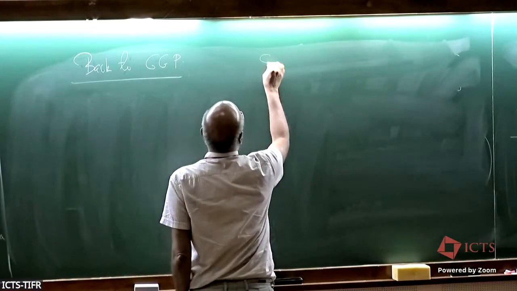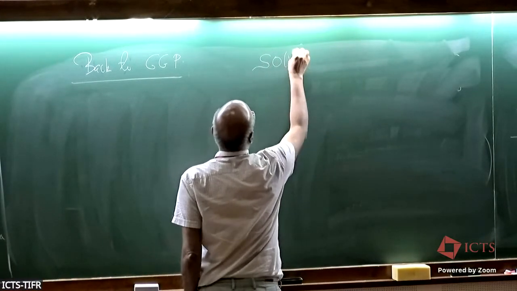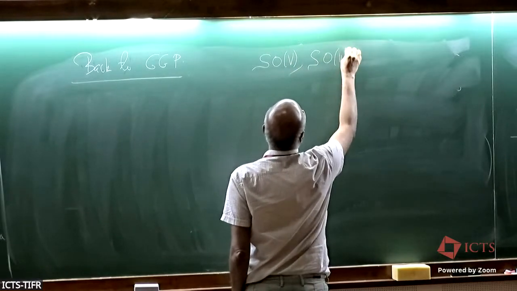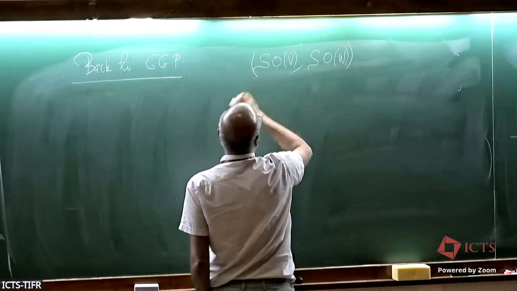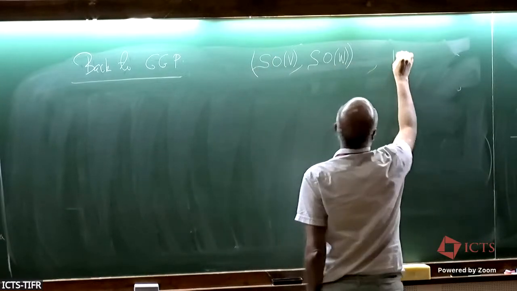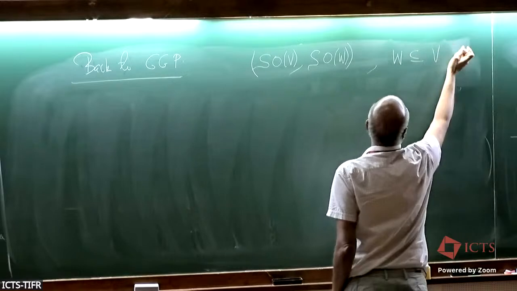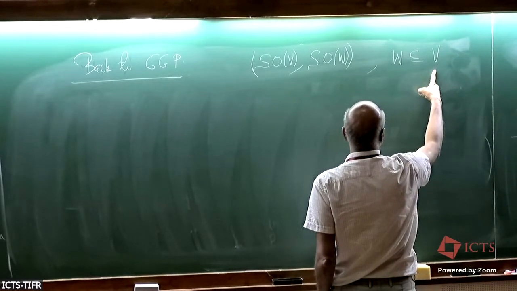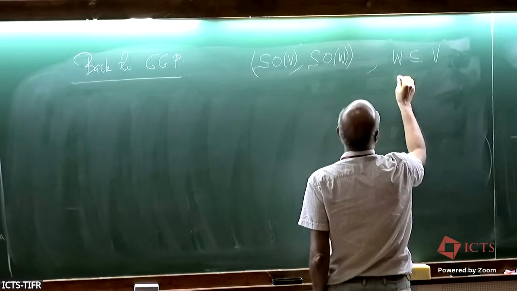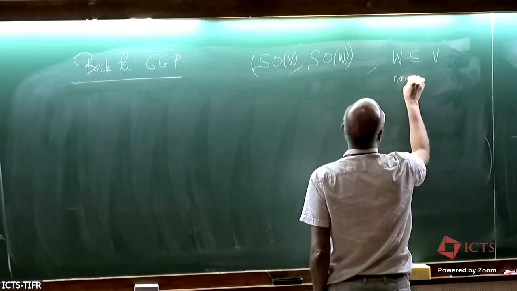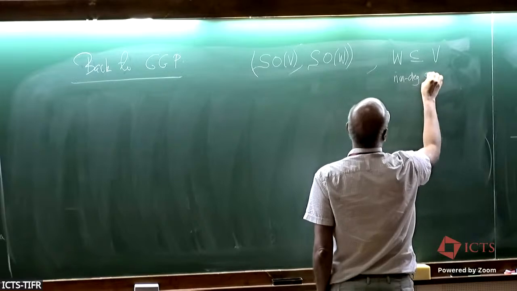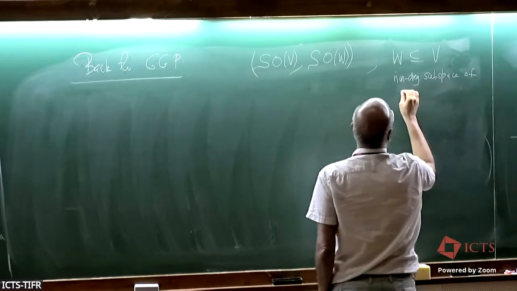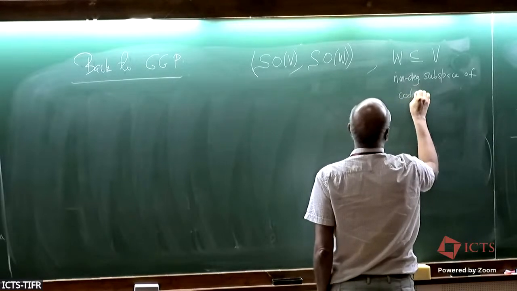So we begin with SO(V) and SO(W), this pair of groups, where W is a non-degenerate subspace of V, quadratic spaces, of codimension 1.